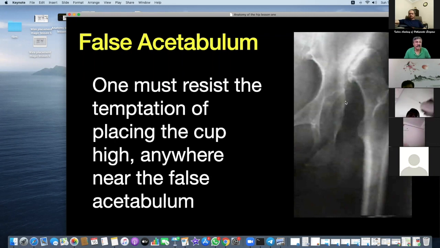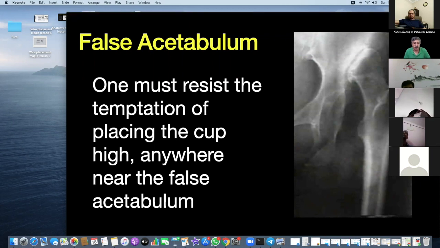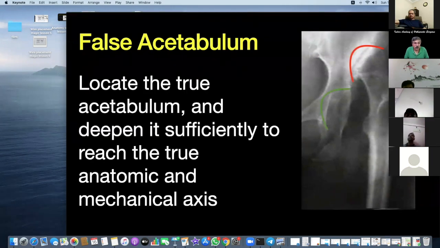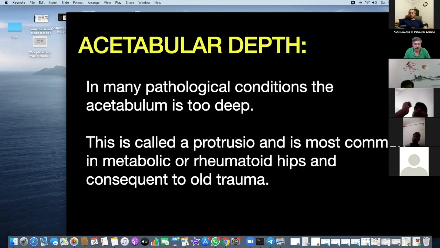Even if it is difficult and it has to be reconstructed, we have to do it. Locate the true acetabulum and deepen it sufficiently to reach the true anatomic and mechanical axis. On the X-ray on your right, the red line shows the wrong placement of the cup. The green line shows the right placement of the cup.